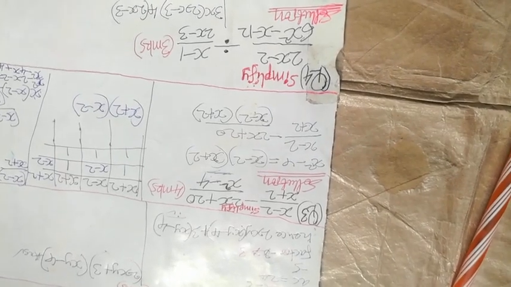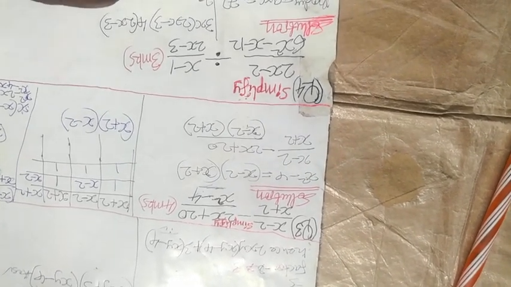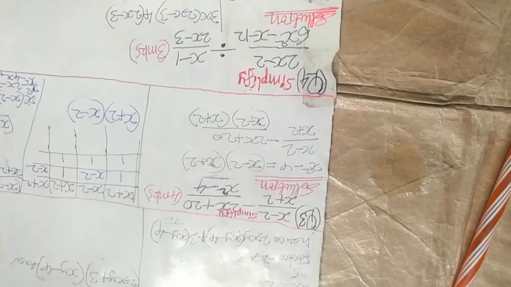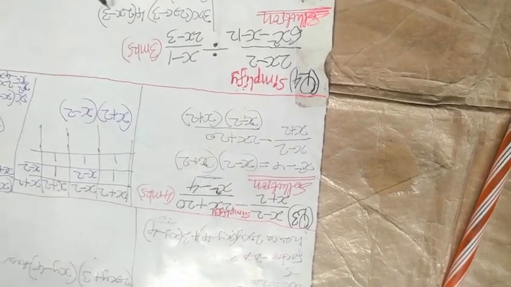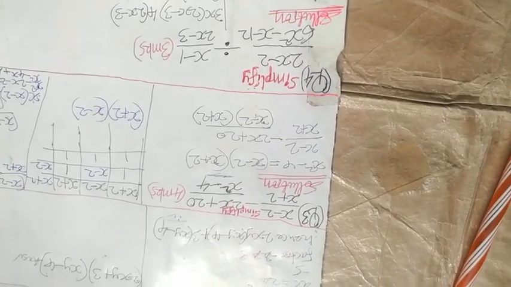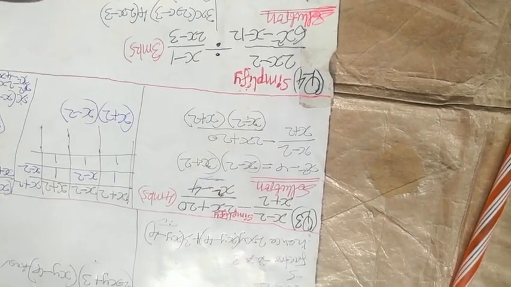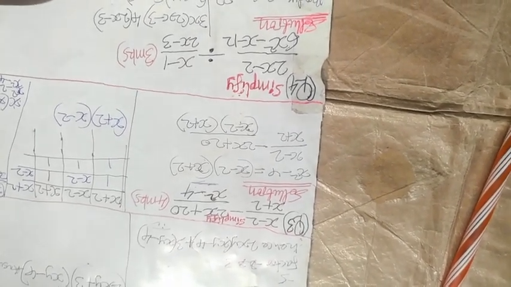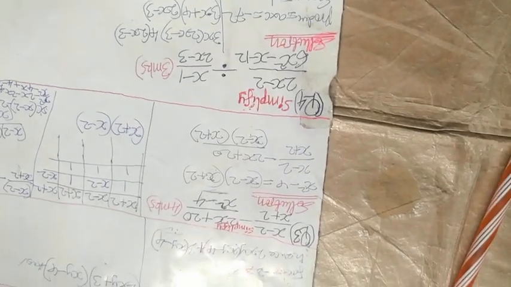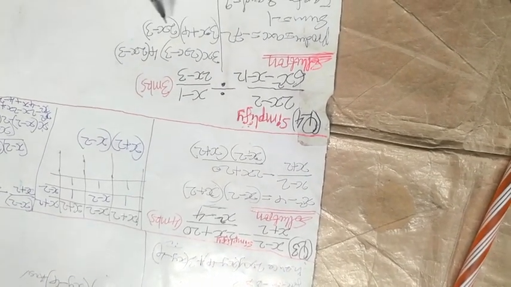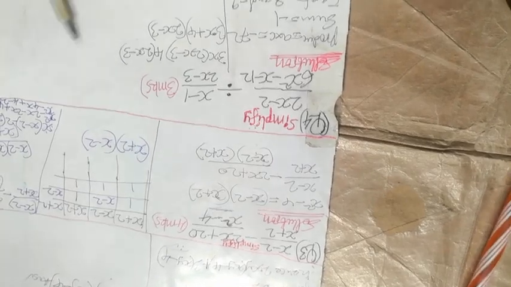This will give us 3x plus 4. We are choosing any of what is in the brackets because it's common. We say 2x minus 3. Therefore, it's 3x plus 4 into 2x minus 3.